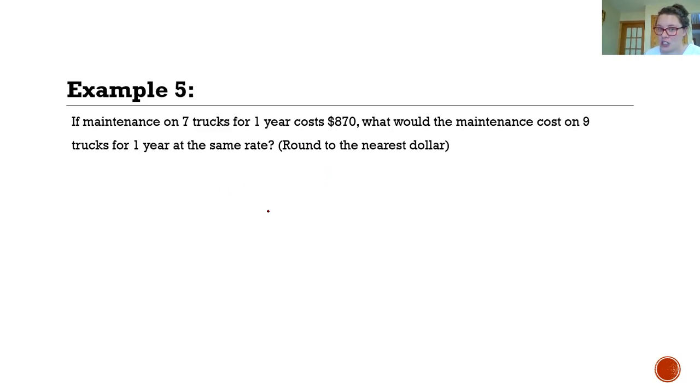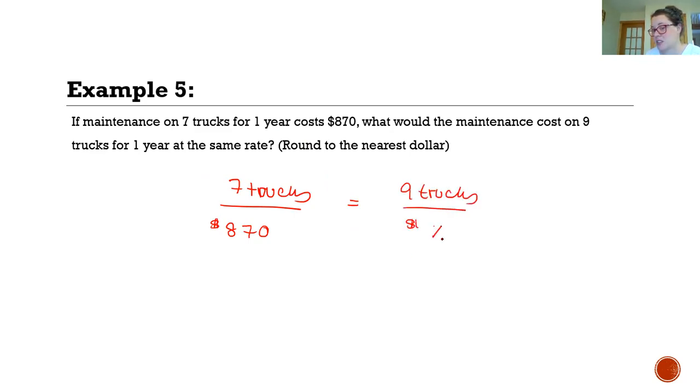So let's set up a ratio. Well, we know 7 trucks matches up with $870. Well, that should be equal to 9 trucks at X dollars. So we have a really simple ratio. 7 times X is equal to 870 times 9.